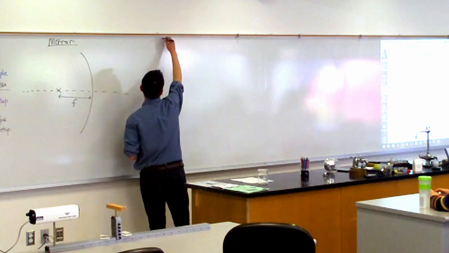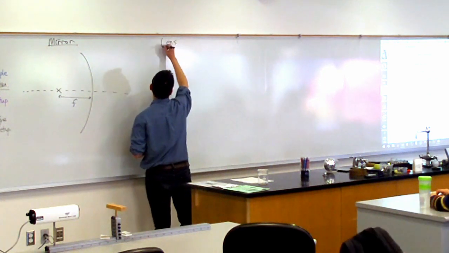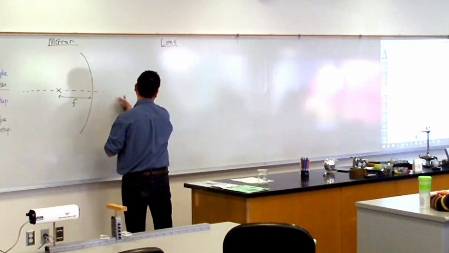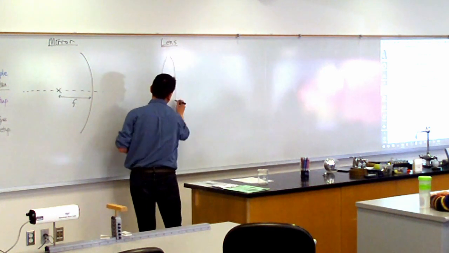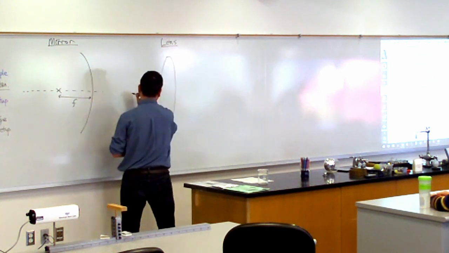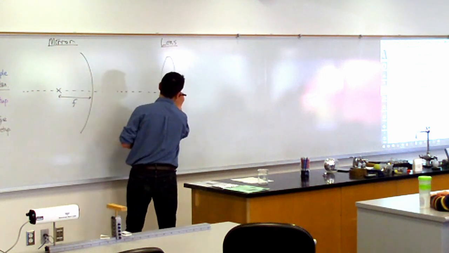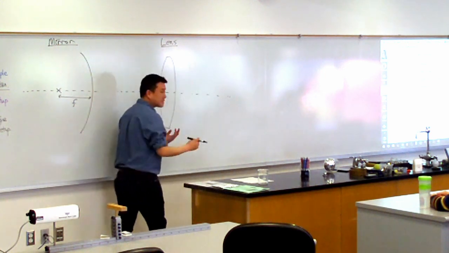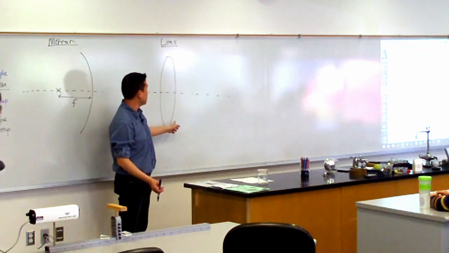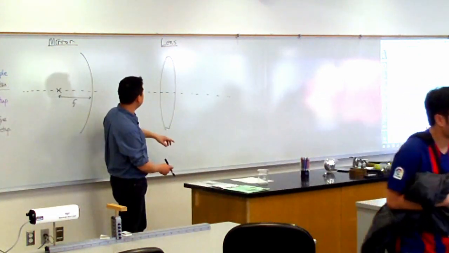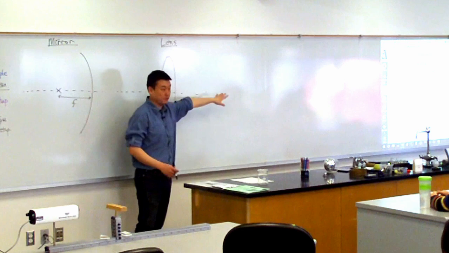And if we have a lens, it would be something similar, where if I have a convex lens, that should be converging. Last time we went through how, given the radius of curvature and some object somewhere, we find where the image would form.